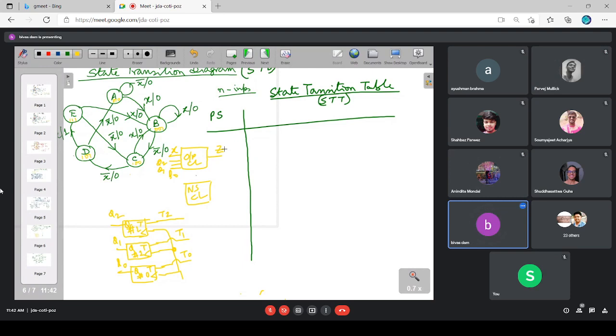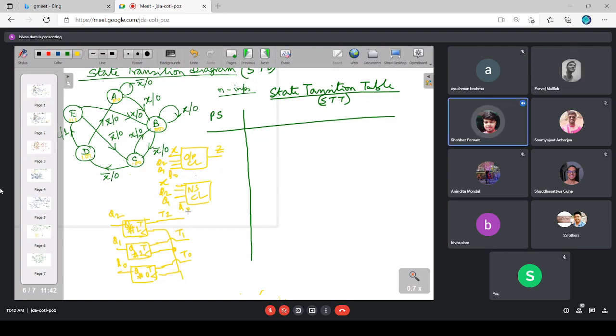In the next state combination logic, what are the inputs? X and Q2, Q1, Q0. What is the output of the next state combination logic? From the block diagram, what is written there?